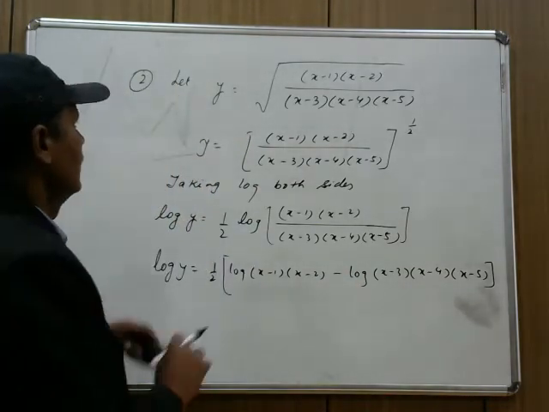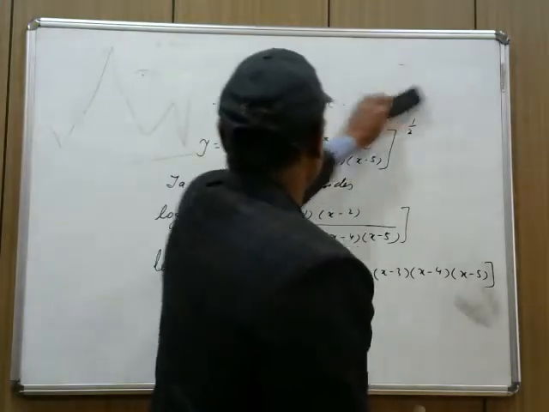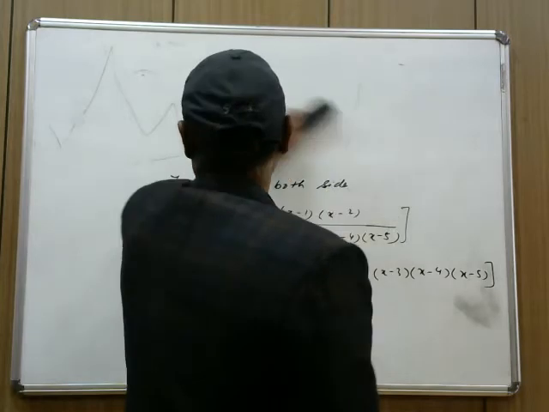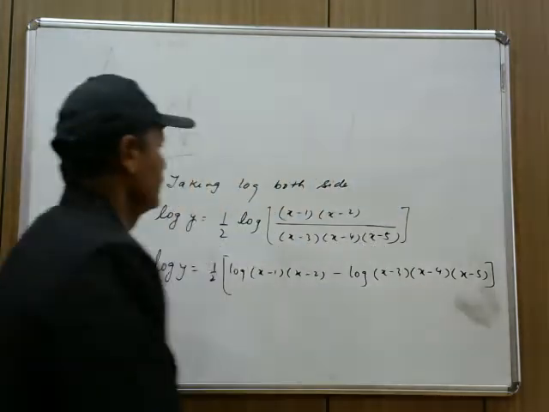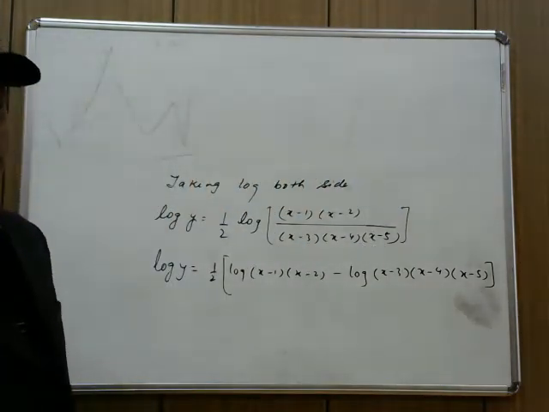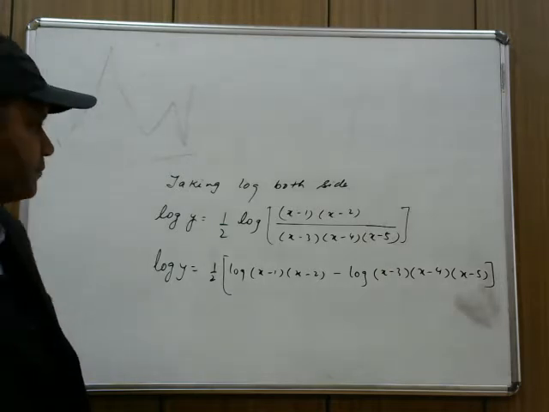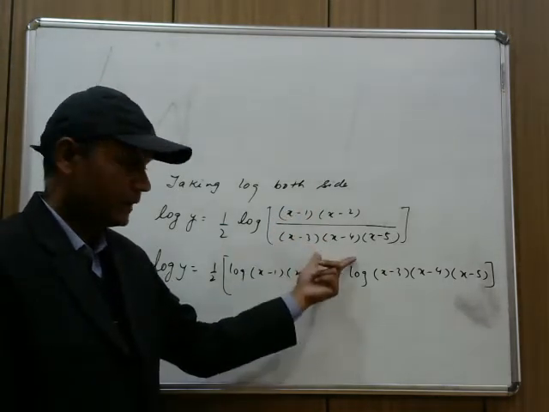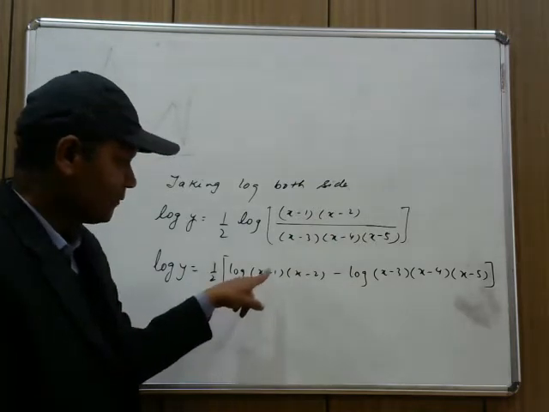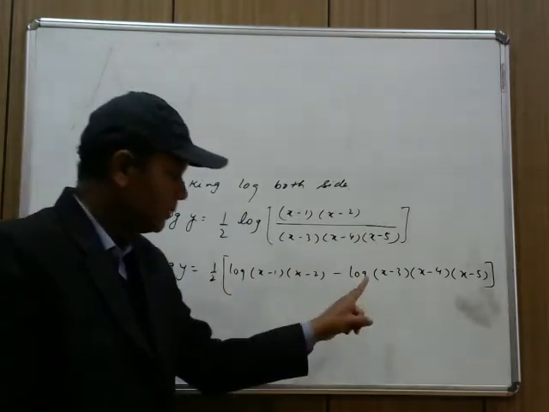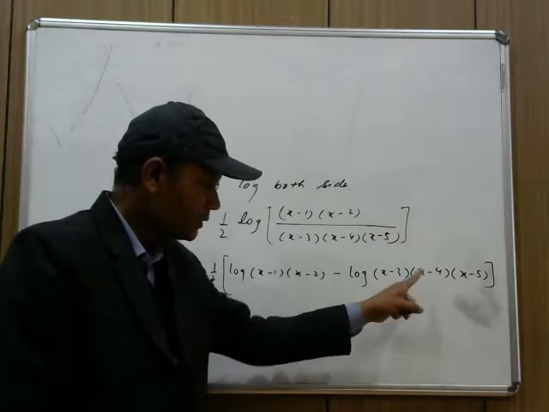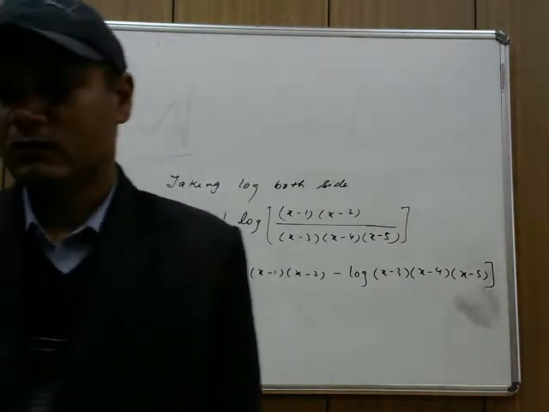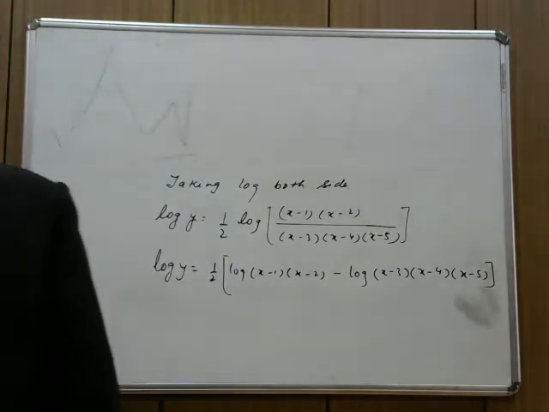Right? And when we apply this log m minus log n, now see, all the three formulas we are going to apply over here. First was log m to the power n, then log m upon n, and now log of m into n, minus log of m into n into p. And log m into n is equal to what? Log m plus log n.